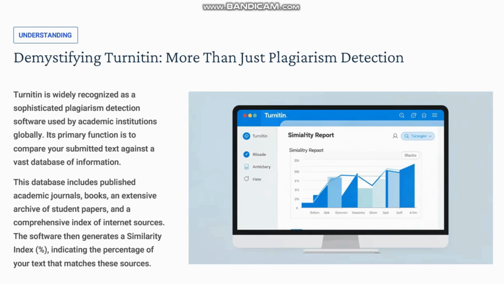Basically, this database is going to compare your work with academic journals, books, various student papers, even conference papers as well. And then it's going to look for the similarity between your work and those other works. And at the end of the day, it's going to give what we call the similarity index report, which is basically indicating the percentage of your text that matches these sources.